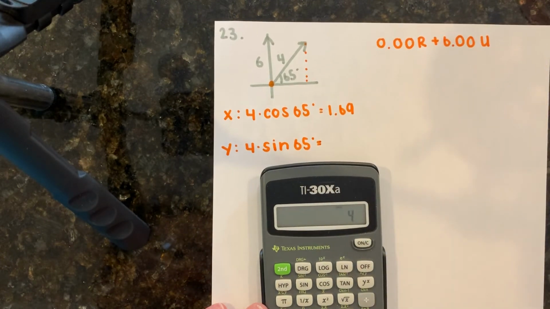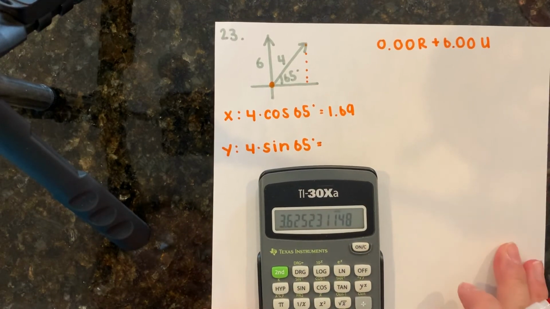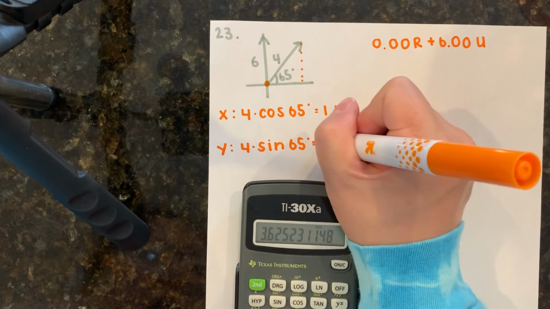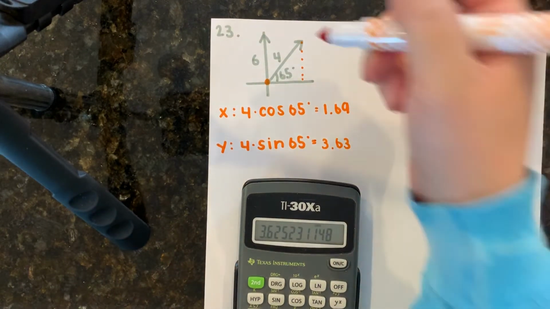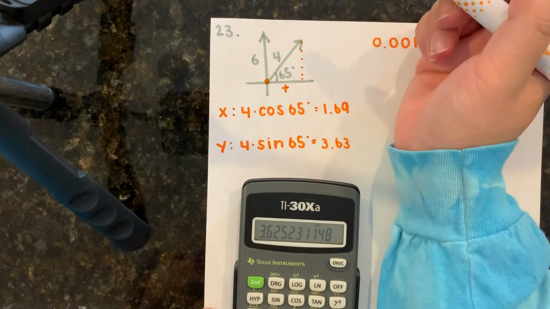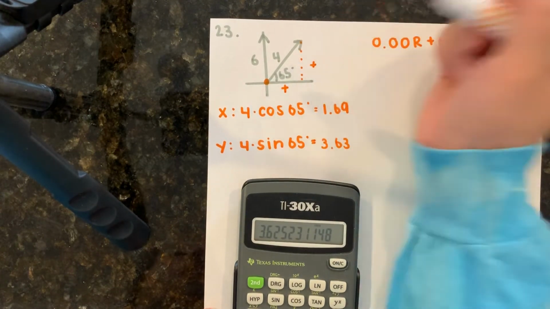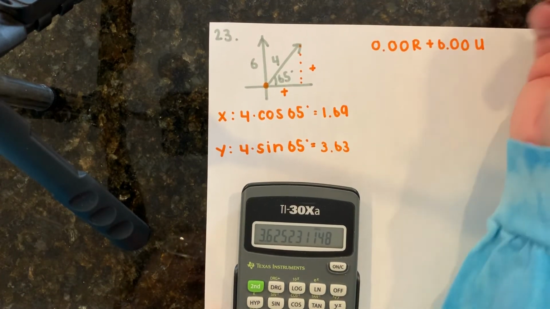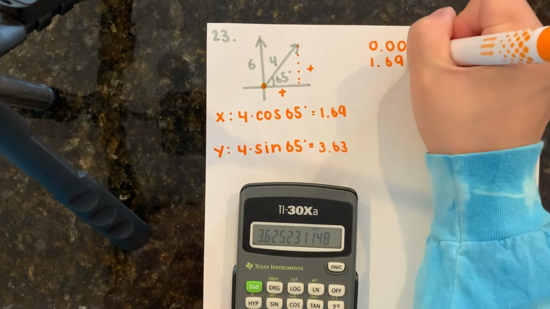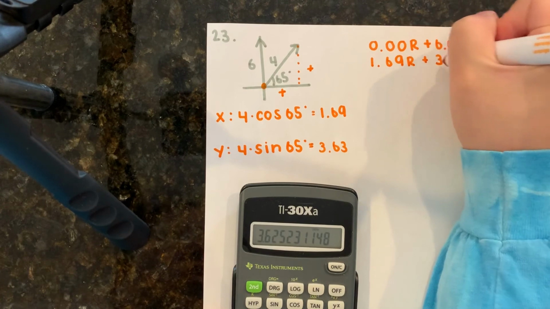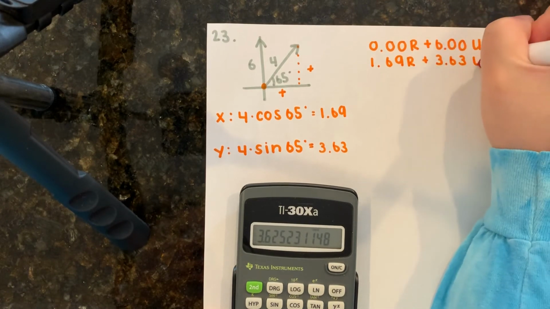Then 4 times 65 sine equals would be 3.63. Now this goes to the right of the origin, which is positive, and then comes up off the x-axis, which is also positive. So that would be positive 1.69 r, and then plus 3.63 u.